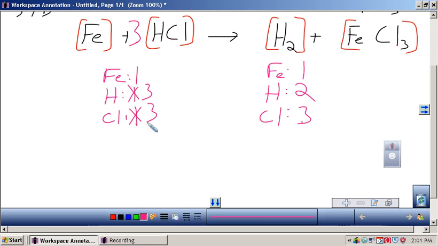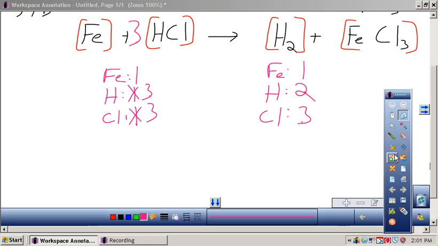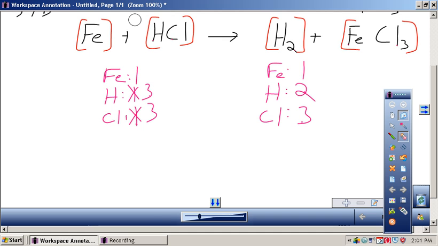Well, my irons are balanced, my hydrogen are not. I have H2 here, and that means to get my hydrogens the same, they have to be a multiple of 2 and 3. That means I need a least common multiple of 2 and 3, which of course would be 6. So I need to make this left side 6 hydrogens.